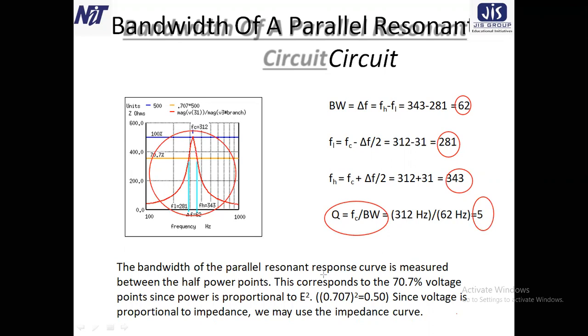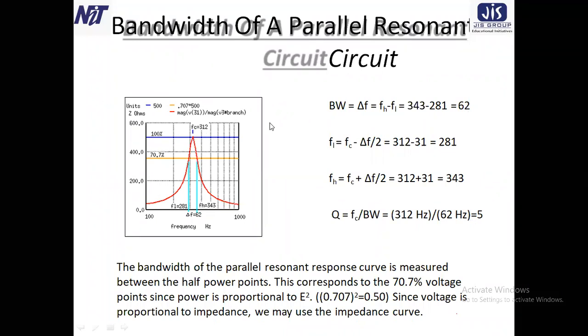The bandwidth of a parallel resonant response curve is measured between the half power points. These correspond to the 70.7% voltage points, since power is proportional to E square, 0.707 whole square, that is 0.5. Since voltage is proportional to the impedance, we may use the impedance curve. So this is the way to find the bandwidth, the low frequency, high frequency, and quality factor.